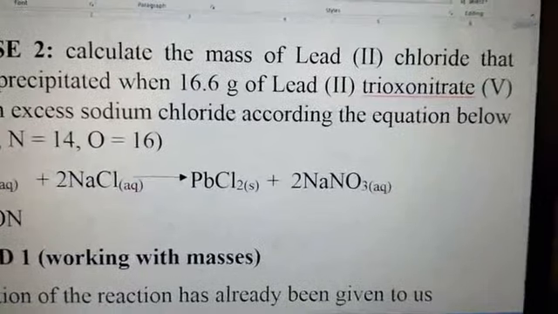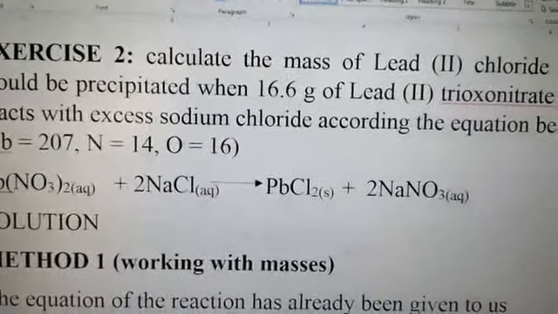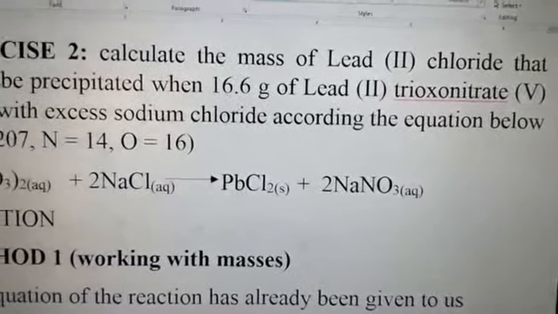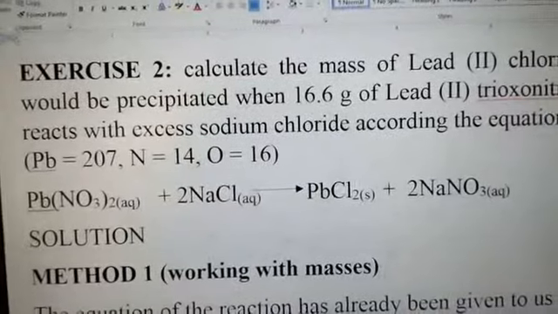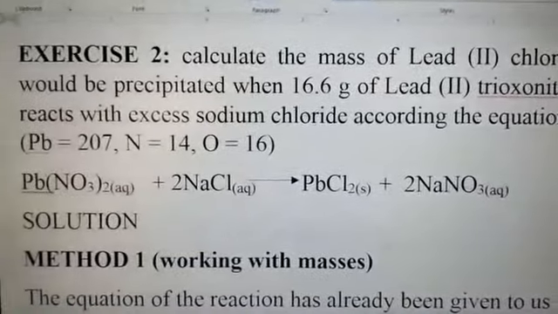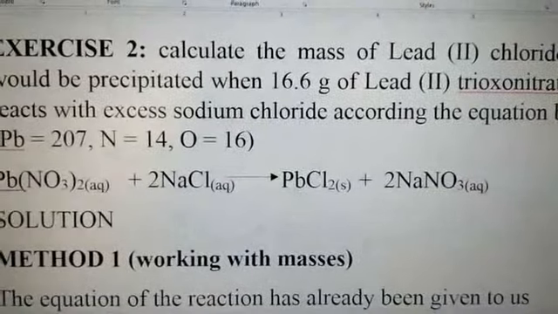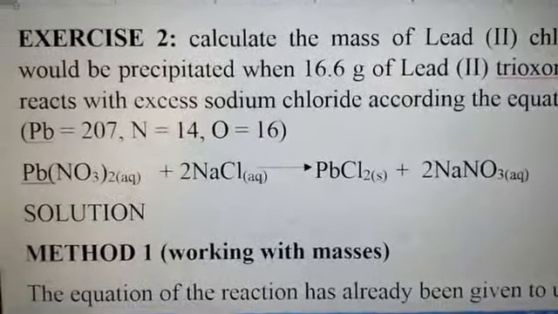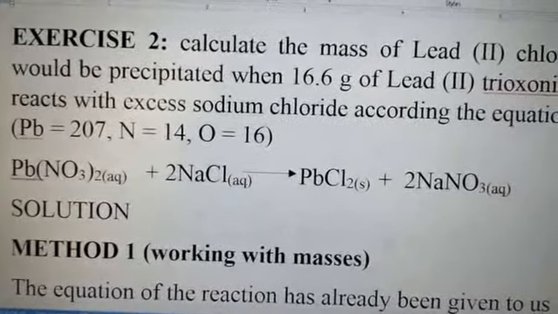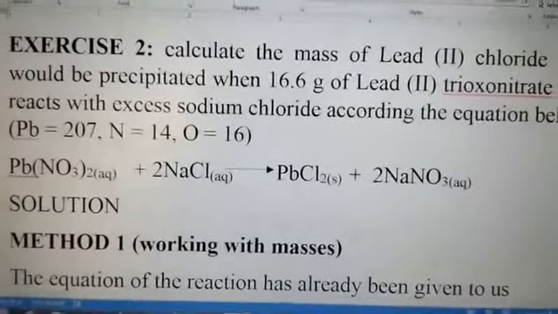They gave us the atomic mass of lead as 207, nitrogen as 14, oxygen as 16. And then we are lucky that they gave us the balanced equation between lead nitrate and sodium chloride, giving lead(II) chloride and then sodium nitrate.